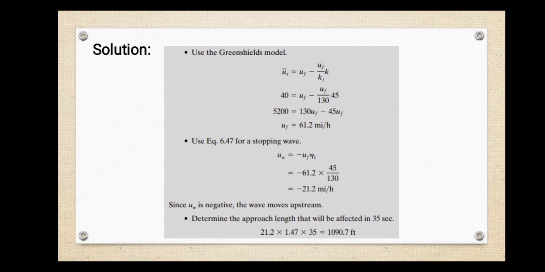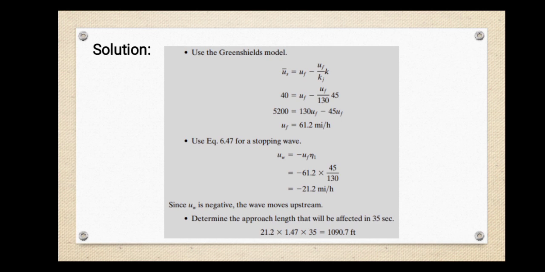So by using the Greenshield's model, we have 61.2 miles per hour, and using 6.47 for a stopping wave, our u sub w is equal to negative 21.2 miles per hour.